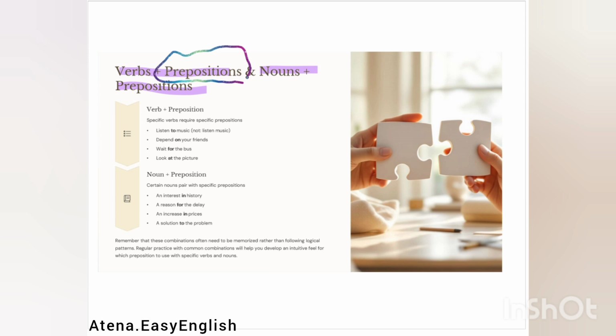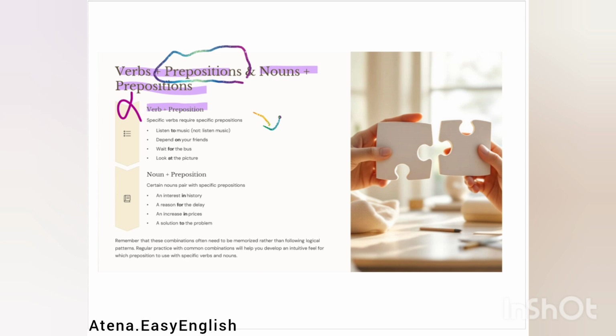So the first part is about verb plus preposition. Here, look, specific verbs require specific prepositions. Some verbs have special prepositions.